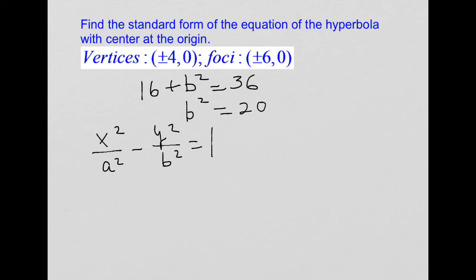Since we know what A is, we know A squared is 16, and we know B squared is 20, and we know that's equal to 1. And there's our standard form of an equation with the given information.